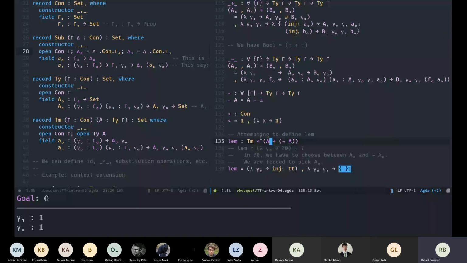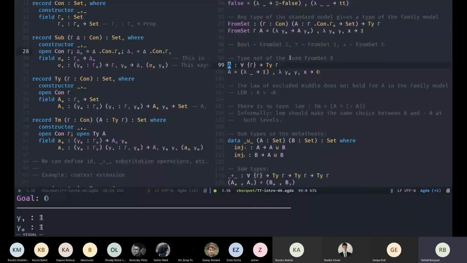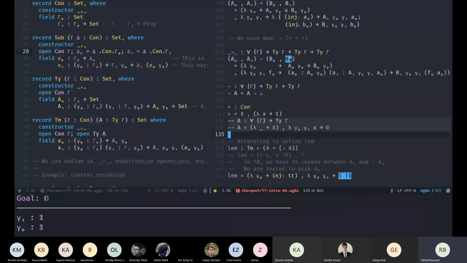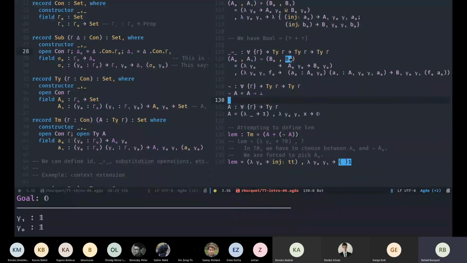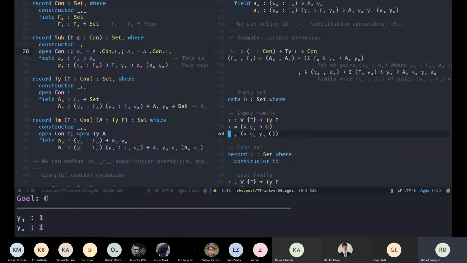So we need to give an element of A1 over TT, but I can move the definition of A here. I can also move this thing back here.